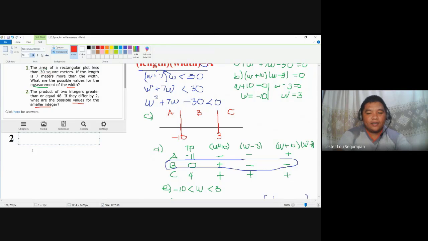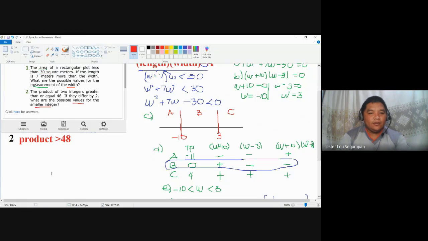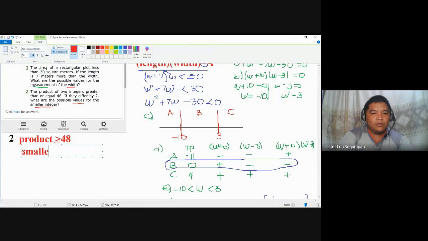So the product of two integers is, sorry, it should be greater than or equal to 48. I will write here the equal. And then we have here the smaller integer, and then we have here the larger integer.